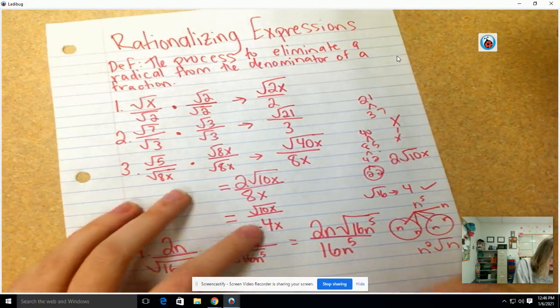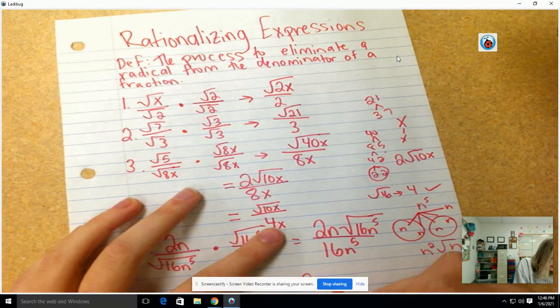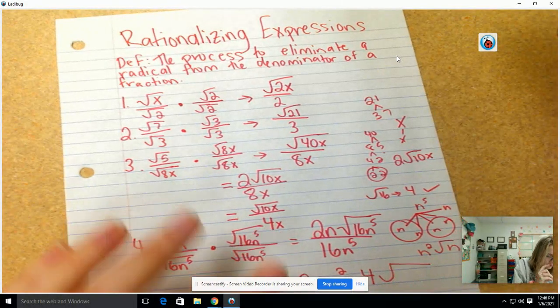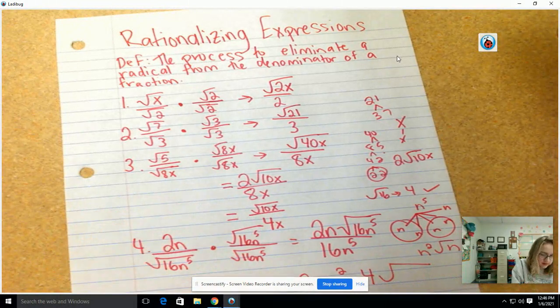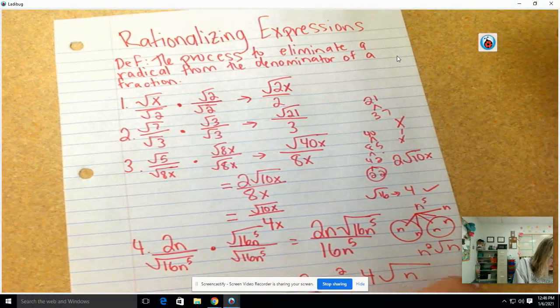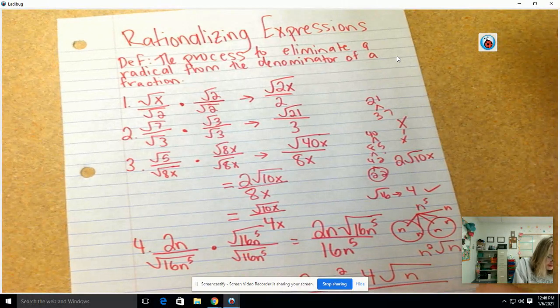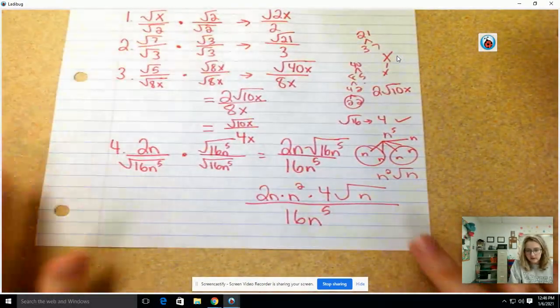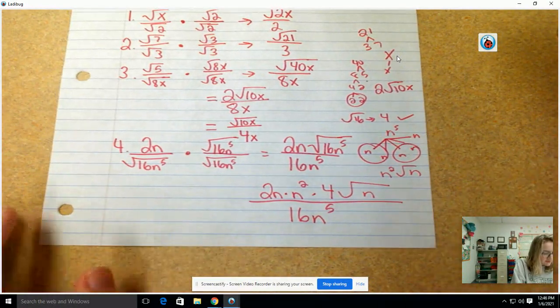So now if I rewrite that, I have 2n times n squared on the outside times 4 with n in the radical, all over 16n to the 5th. Oop, y'all can't see that. And I can simplify that even further.